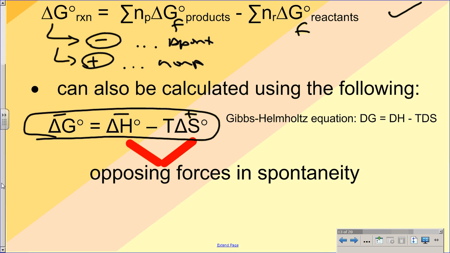So if the case was not that, and we had a positive H minus a negative S, what would this yield? A positive value, and that would be non-thermodynamically favorable.